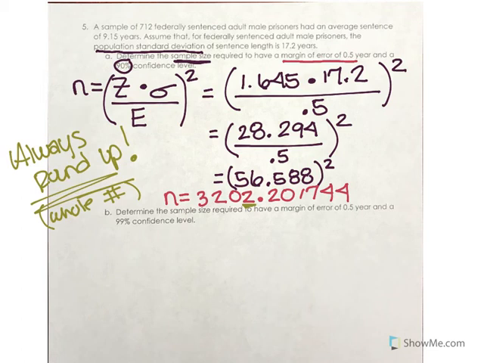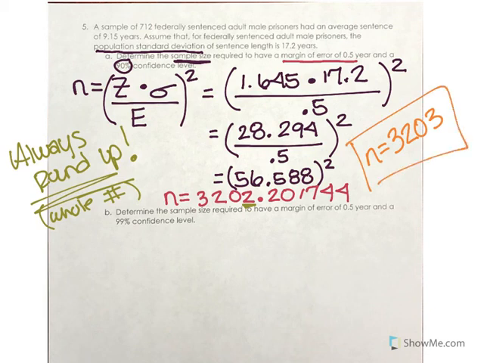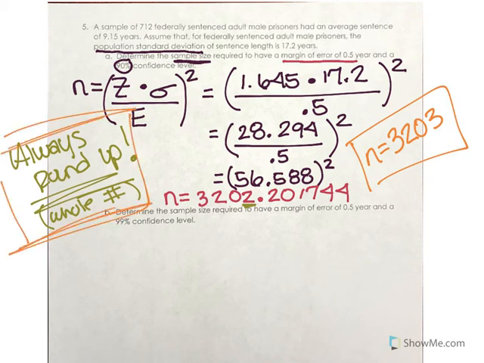So you're always going to round up. So that would give us our n, our sample size, being 3,203. I don't look at it, 2 is smaller than 5, it stays at 2. None of that. This is the rule. You always round up one whole number. So that last number before the decimal will go up 1. So that gives us 3,203 as our sample size.